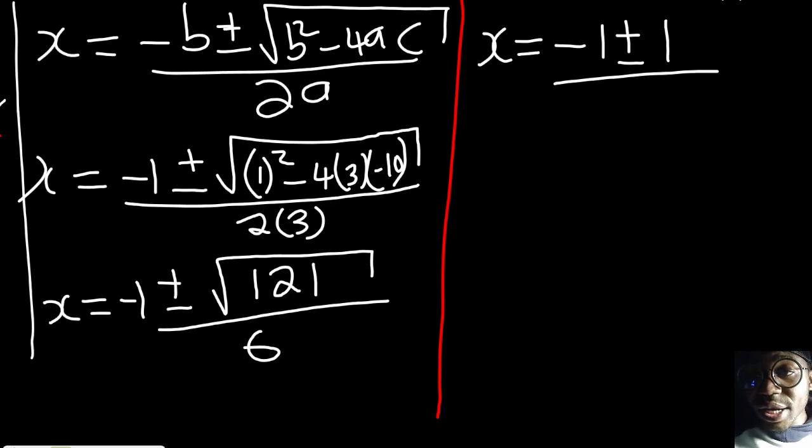So I'm going to write down 11, all divided by 6. So we are basically going to get just two answers. Stay with me, we're going to get two answers.